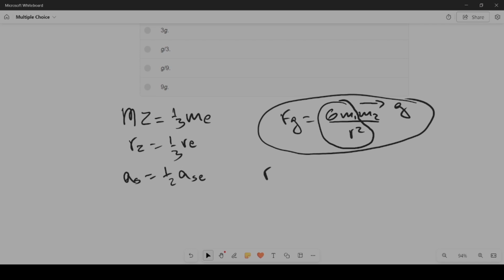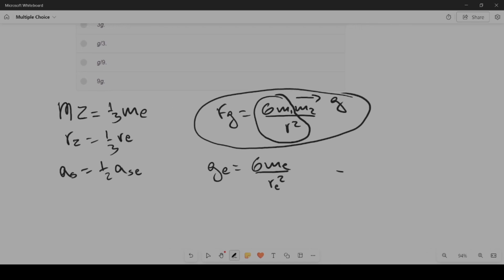So g at Earth equals G mass of Earth over radius of Earth squared, and g at planet Z equals G mass of Z over radius of Z squared.